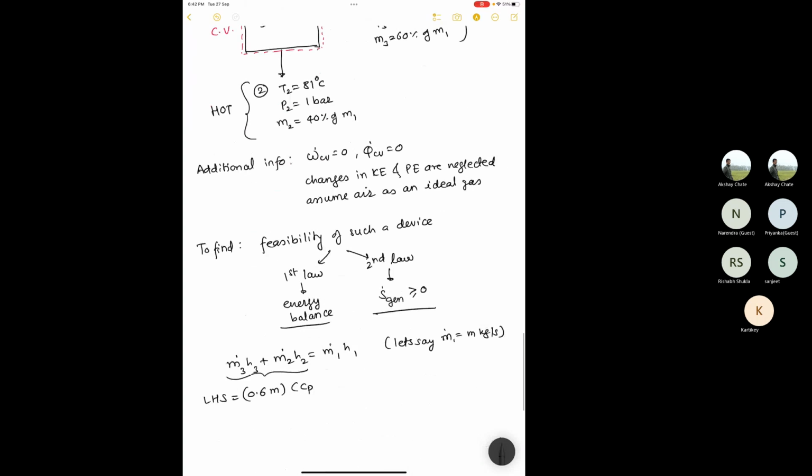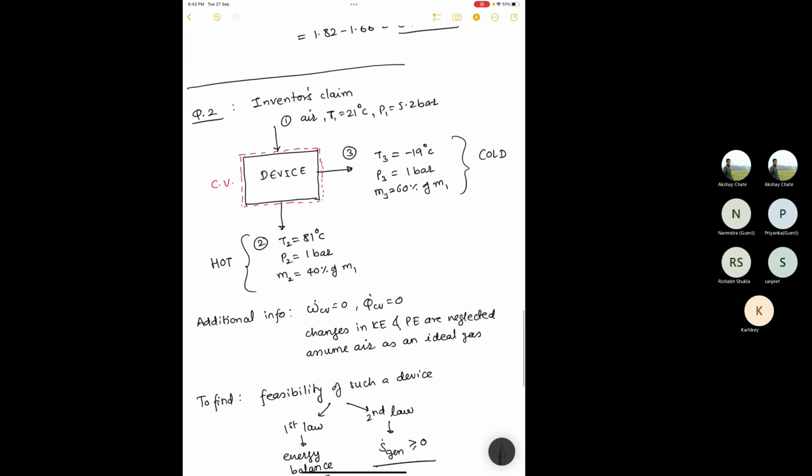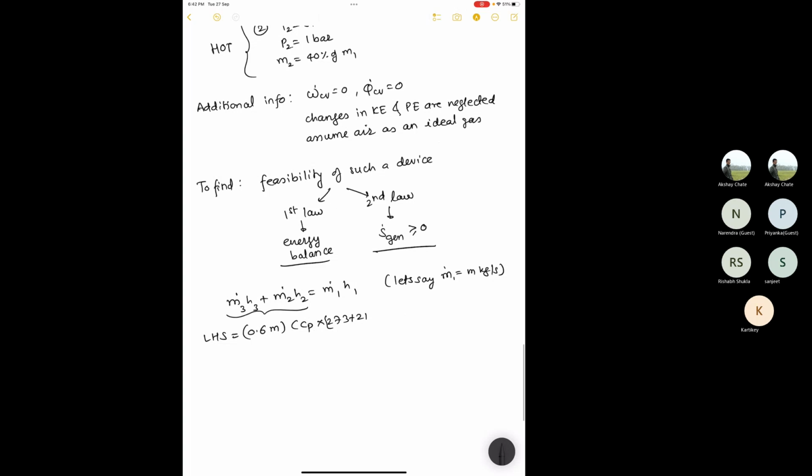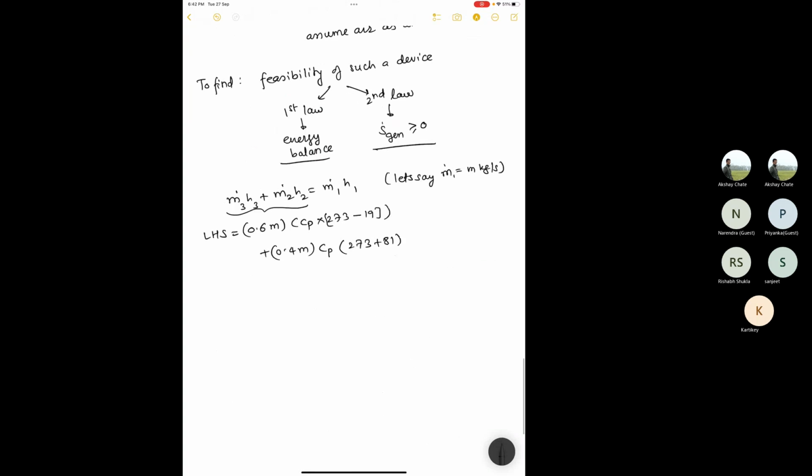So for stream 3 it is 273 minus 19, plus 0.4 m into Cp into 273 plus 81. T2 is 81, yes.